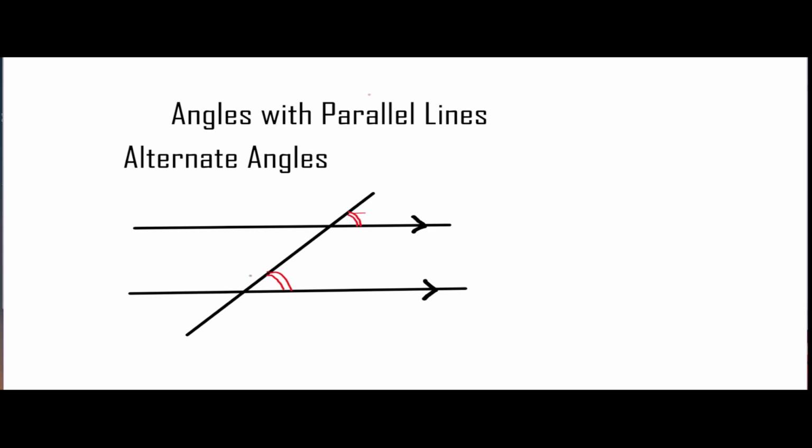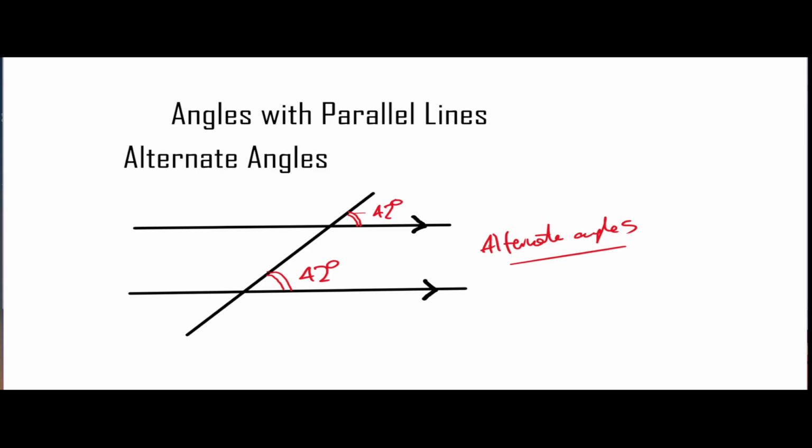So in your test, if you were tested on this, you'll be asked to justify why this angle here is the same as this angle here. So if this was, say, 42 degrees, this must be 42 degrees, and you'd need to say that these are alternate angles. Give some justification.